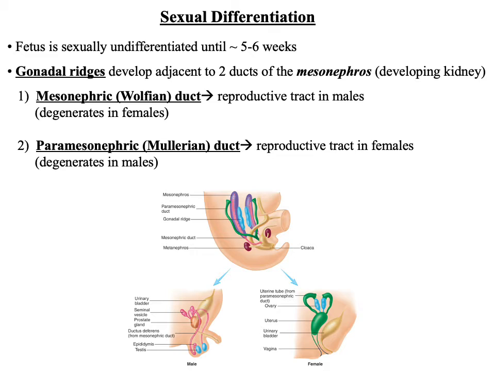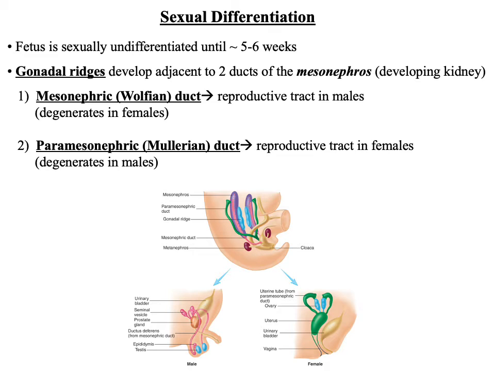And what's going to happen eventually, depending upon the genes of this person, is that the mesonephric duct will become the reproductive tract in males. So if this person is genetically determined to be a male, then the mesonephric duct will persist, and the paramesonephric duct will degenerate.